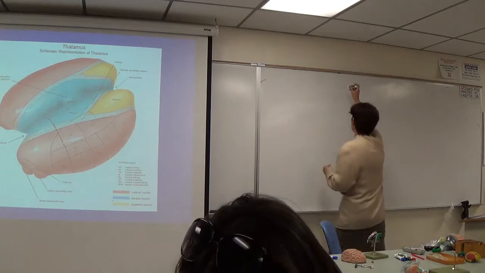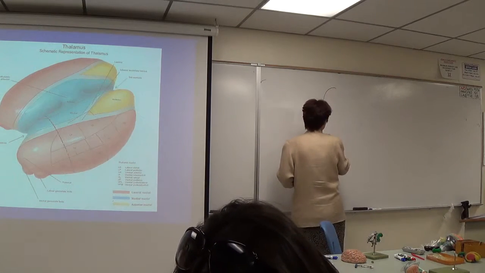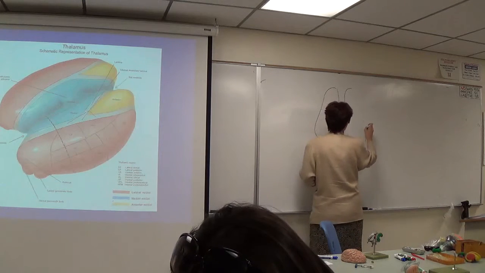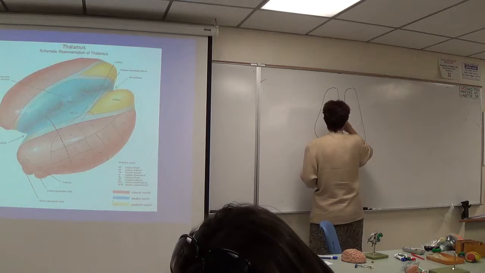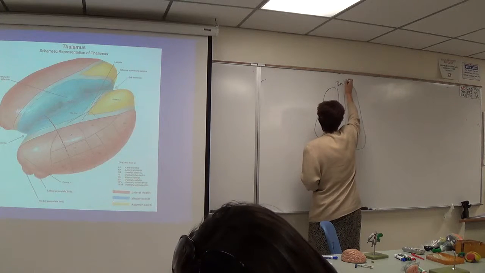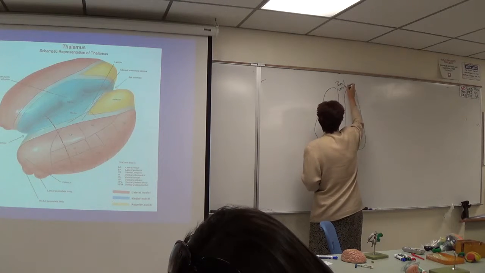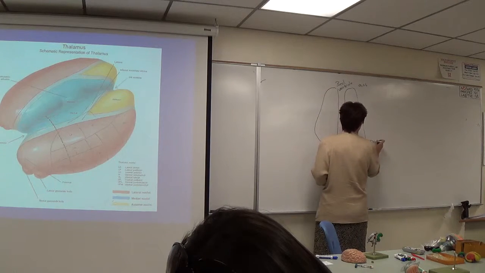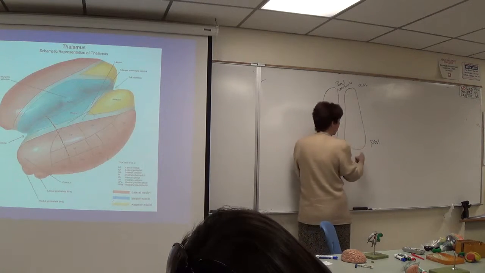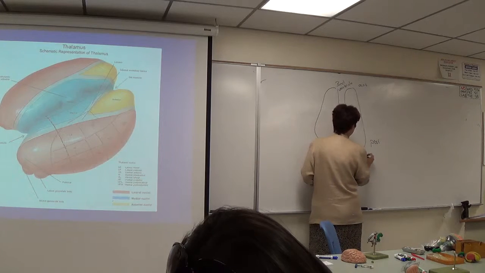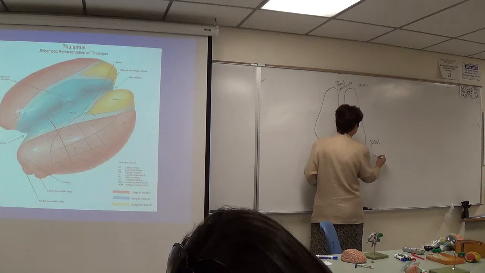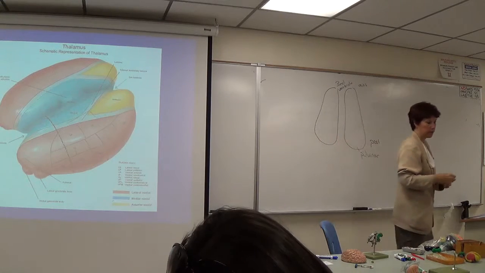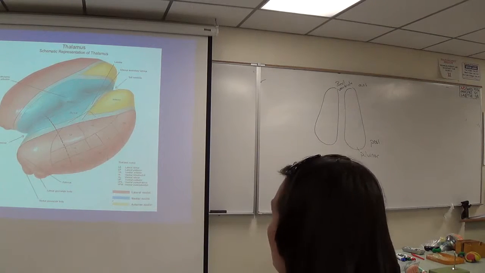And so if this is anterior, this gap between these two structures here is our third ventricle. And this larger region of the thalamus is known as the pulvinar. So it's more than just that one medial surface that we see.